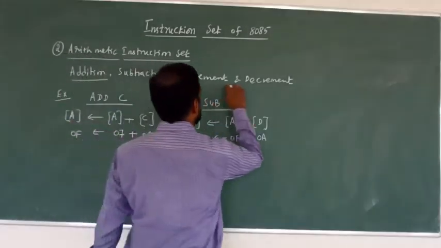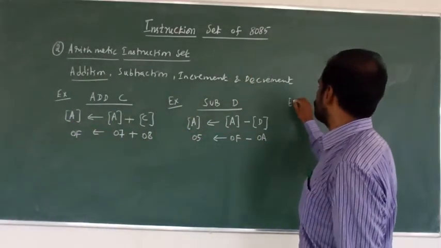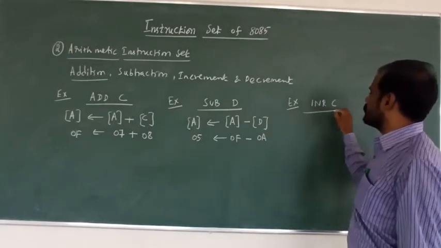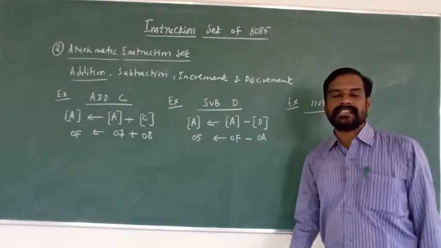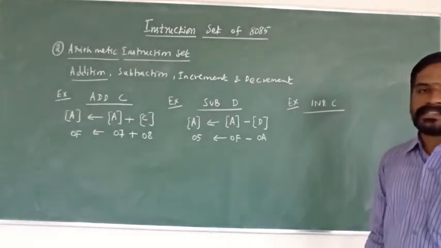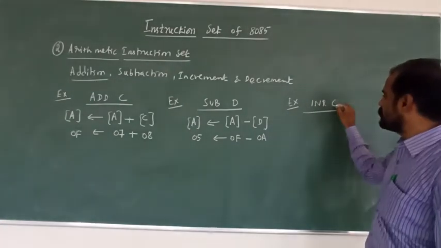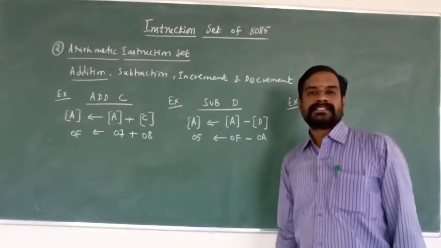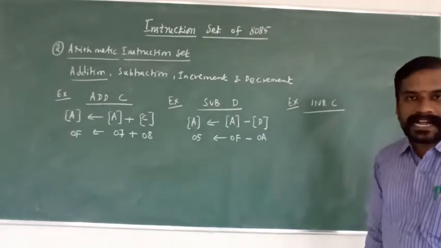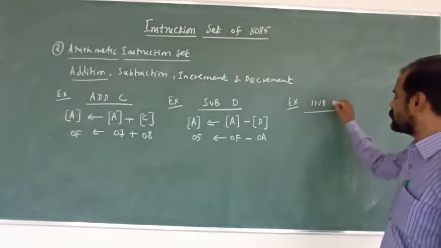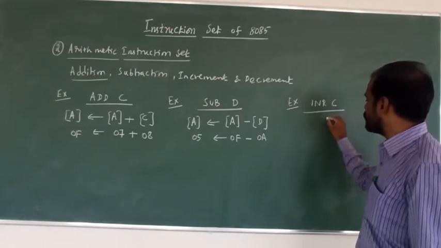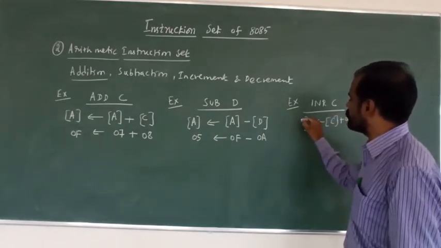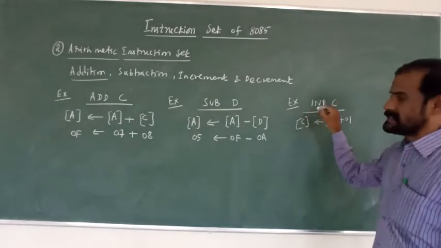And increment and decrement. Example, increment: INR C. INR C means to increment the register content. Register means any one of the given 6 general purpose registers and the accumulator. INR C means now C register data add 01, that result moves in C register itself.